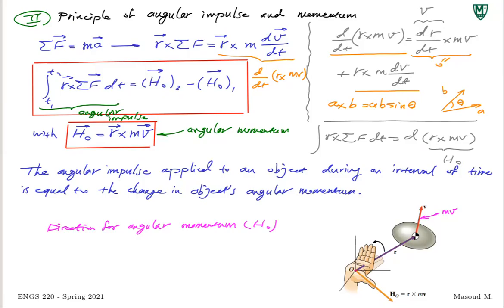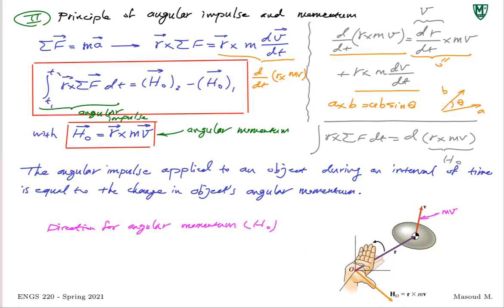It was not a central force motion. We had friction there, so the resultant force was not remaining toward a fixed point in a reference frame during the motion. So it was not a central force motion. So we had to write the whole expression.